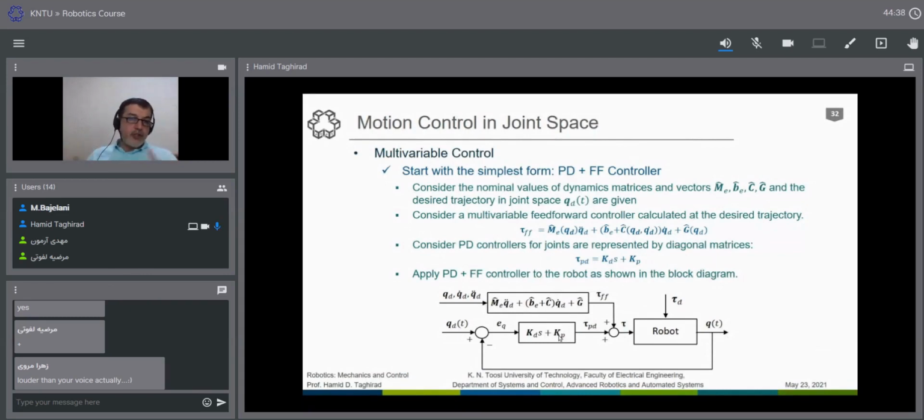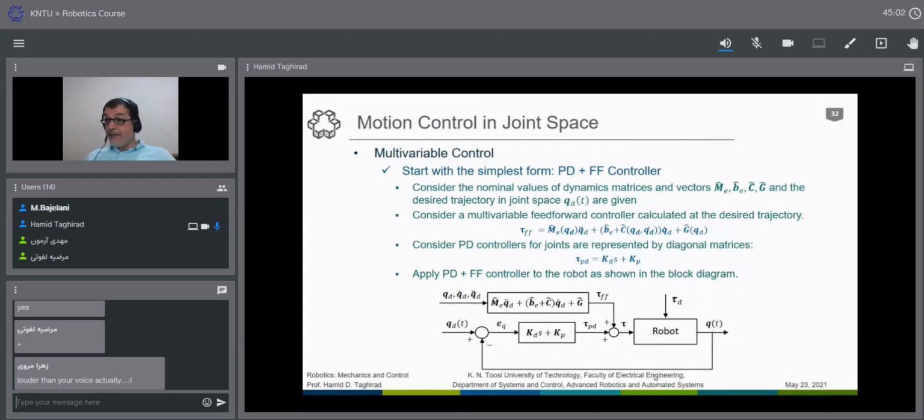They could be different for each joint, which is usually the case. It could also be all the same gains. And KD is the same thing. We have an n by n matrix. We usually use it diagonal. It could also be not diagonal, but for the sake of simplicity, we use a diagonal case here.